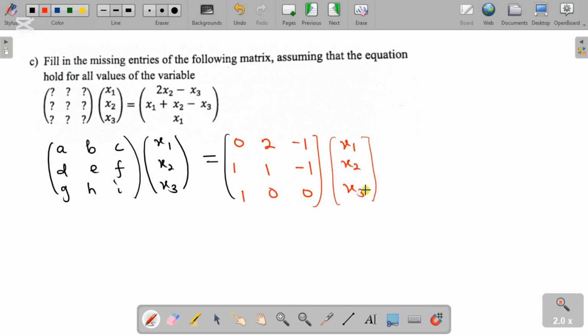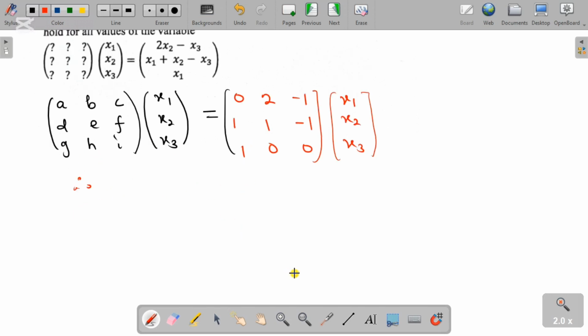Alright? And so you have produced a set of matrices that look exactly like what you have here, and you are done. Therefore, you're just going to match the corresponding entries, and those are the values that you're looking for.